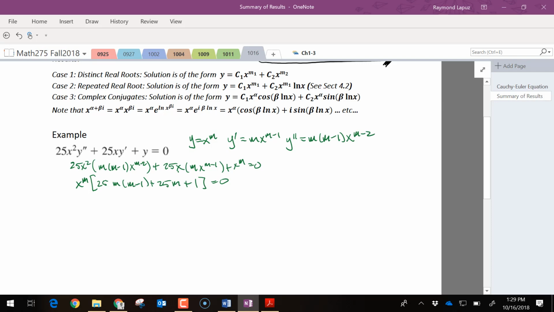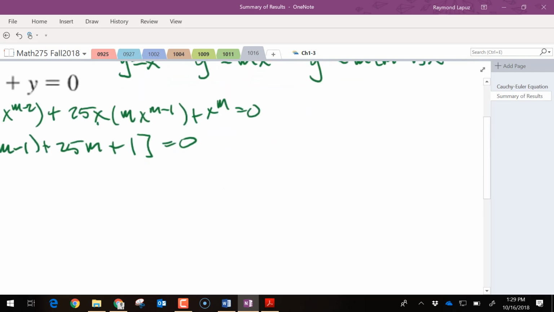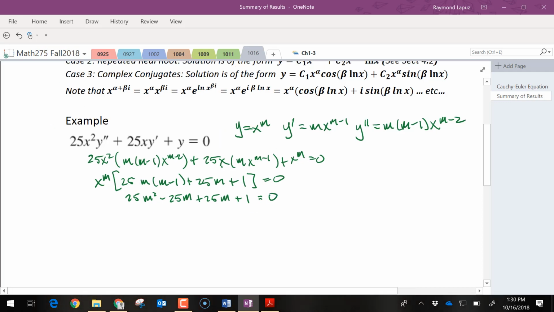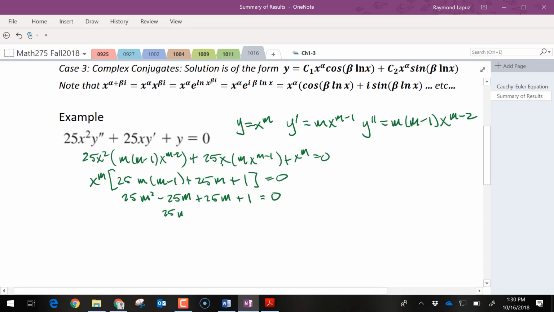So I'll just multiply that out and see what I can get. 25m squared minus 25m plus 25m, it looks like it'll cancel, plus 1 is equal to 0. So I got 25m squared plus 1 equals 0. So it looks like I'm going to have complex roots again.